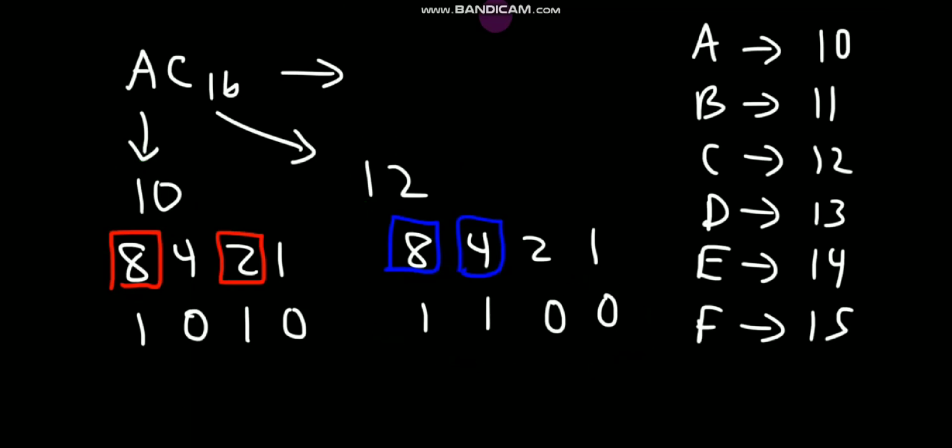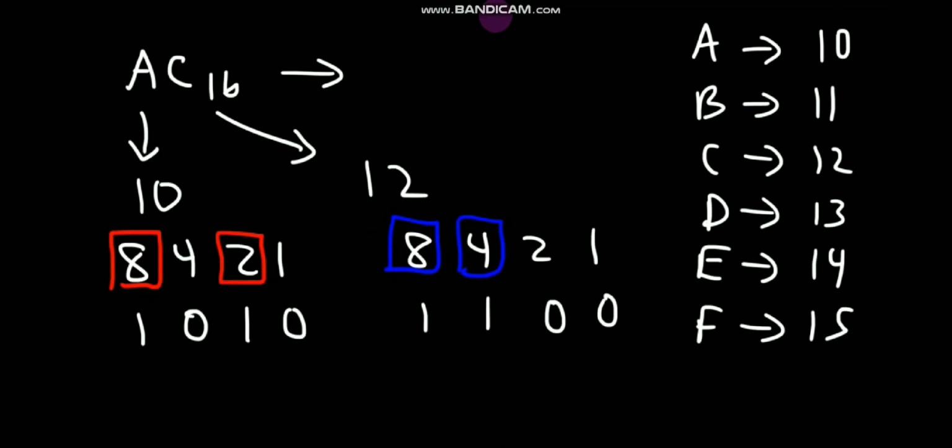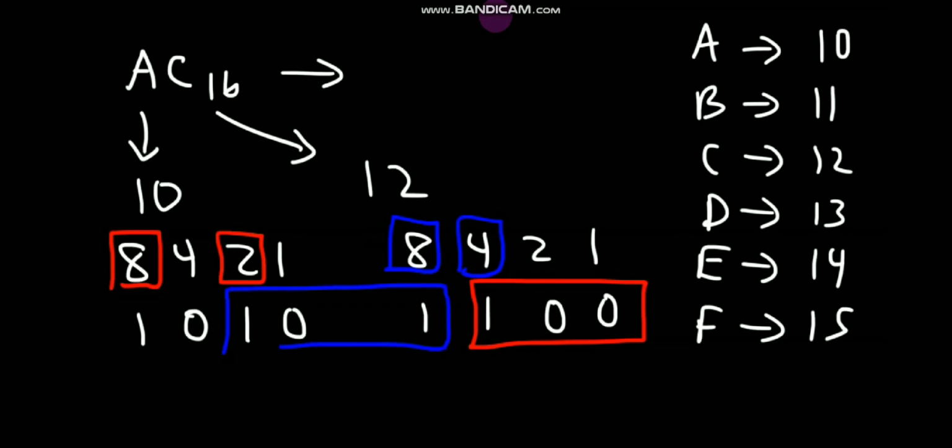Now you have to write it together, and you have to make groups of 3 bits. This you have to remember. You have to make the bits into groups of 3 bits. This is the first group 100, and this is the second group 101.